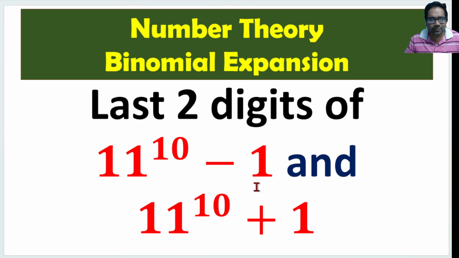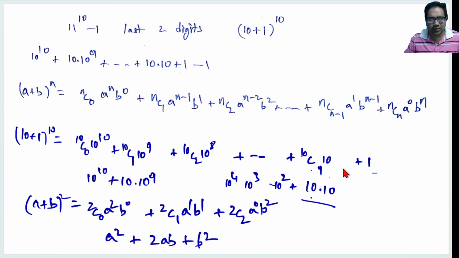Now, what will happen to this? Minus 1 has last two digits 0, so plus 1 will have... In fact, the last two digits of this expression are 0, 1, all zeros plus 1. And if you remove the minus 1, it becomes 0, 0.